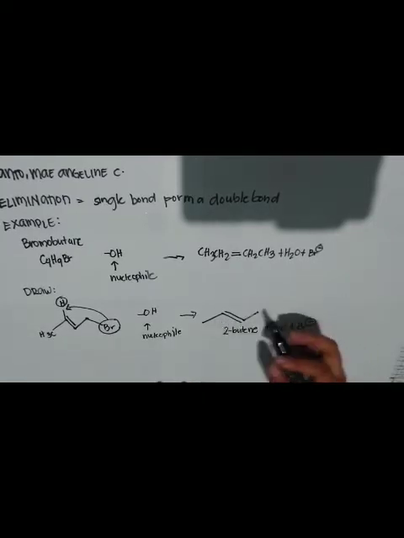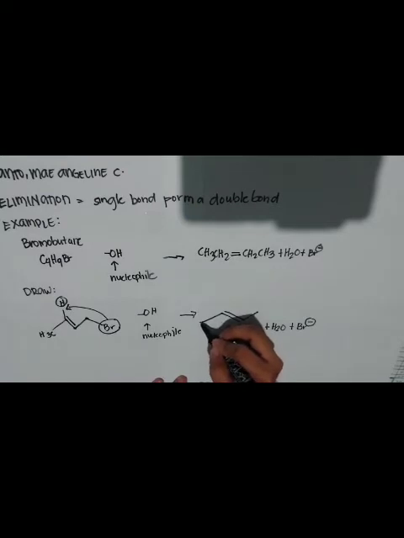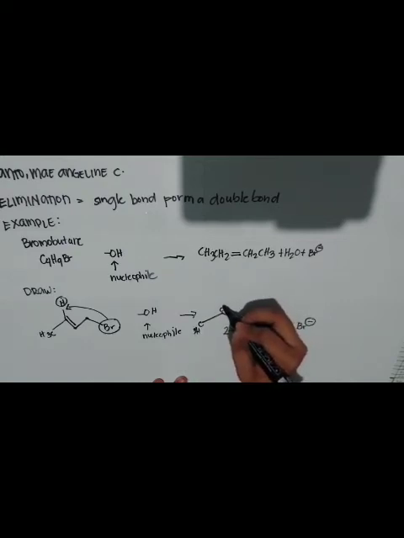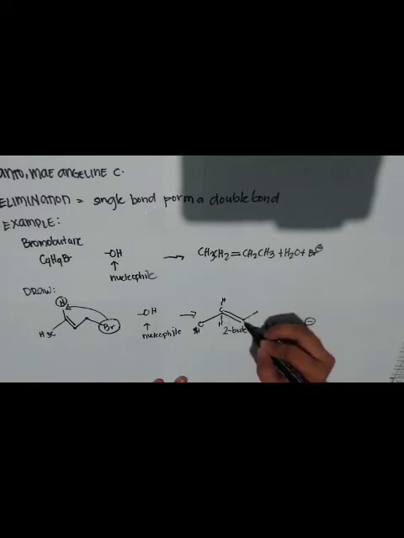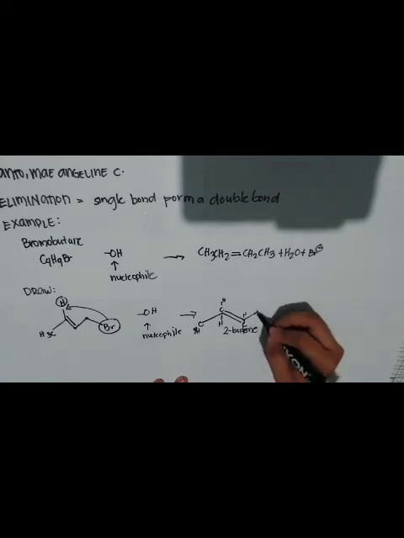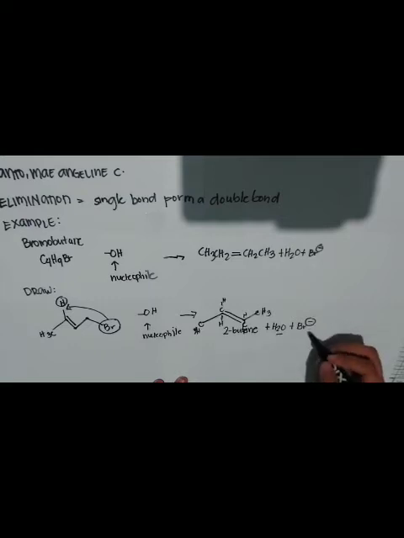So we can show this as CH3, then CH, 2-butene, which is CH and CH, then CH3, plus this will be the hydrogen, then water, then bromide ion. So that's all for elimination.